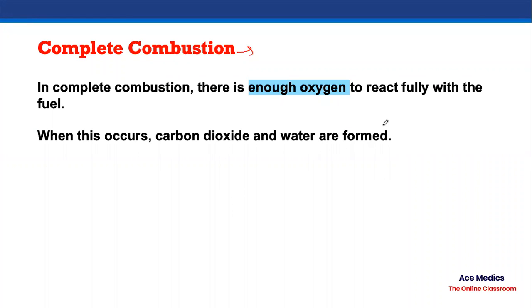Excellent, good, yeah. So combustion is when you burn something with oxygen. Remember our fire triangle? 3 aspects of our fire triangle. What were the 3 aspects of our fire triangle? Oxygen, fuel. And what was the last aspect of our fire triangle?